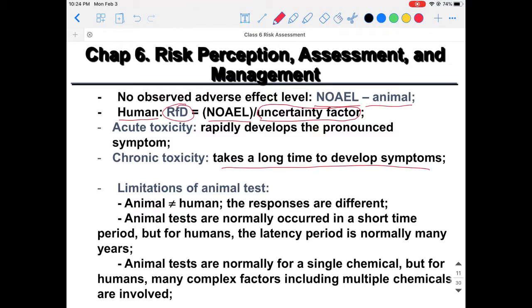Okay, and furthermore, the animal tests are normally for a single chemical. Let's say we want to understand the influence of mercury on the animals, right? But for humans, there are many complex factors, including multiple chemicals being involved. For example, there are incidents where the mercury concentration becomes higher in the river, and that's polluting the drinkable water.